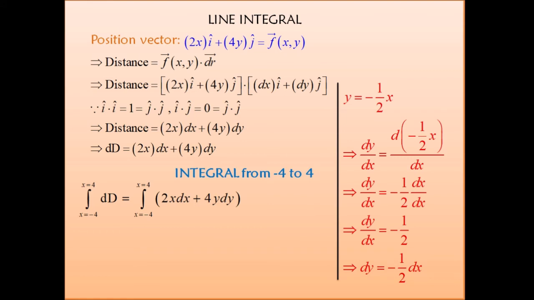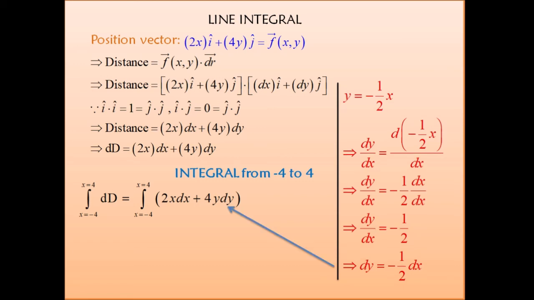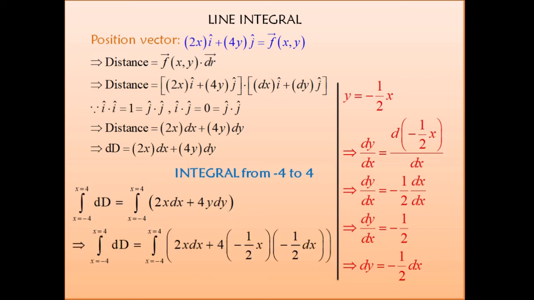After this we will simply substitute this dy into the integral. Therefore we get the integral as you can see in front of your screen. We have simply substituted y and dy into the integral.